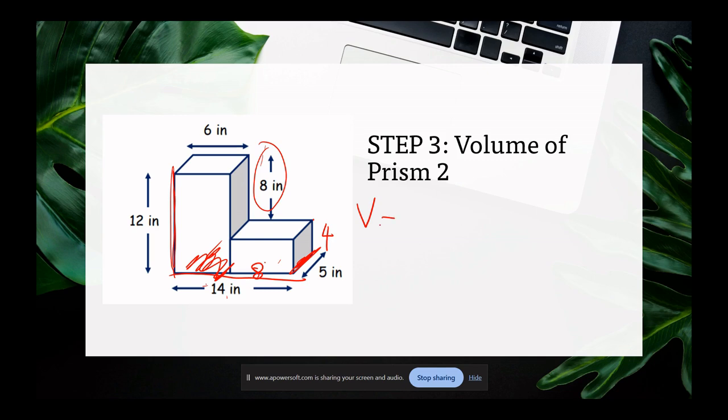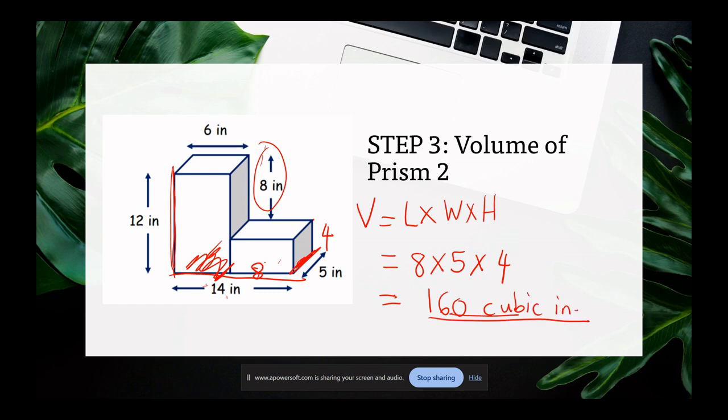So volume is equal to length times width times height. For my second prism, the length is 8, times 5, which is the width, times 4, which is the height. 8 times 5 is 40. 40 times 4 is 160 cubic inches.